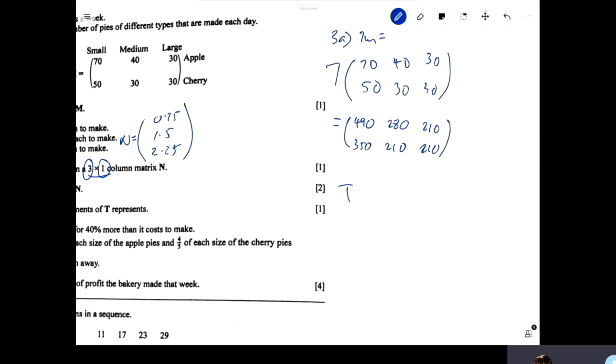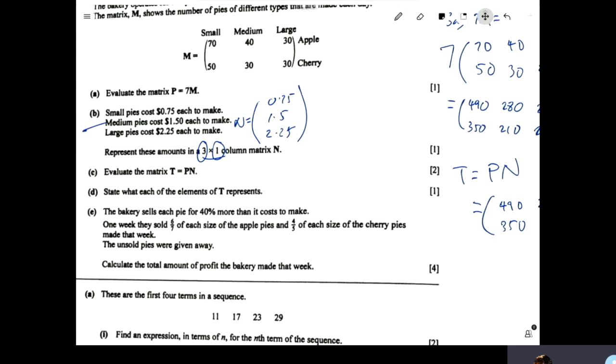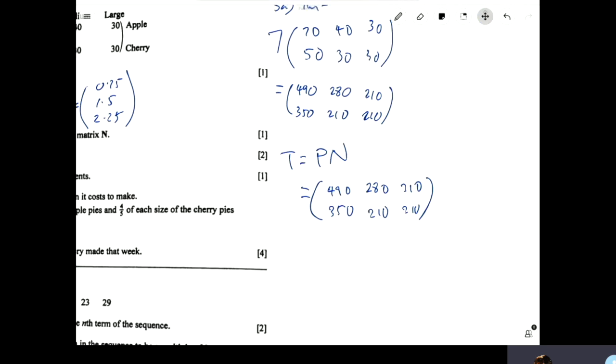So C, evaluate T equal to Pn. So T equals Pn. So P is times N. Okay, so can you tell me how do you multiply a matrix?